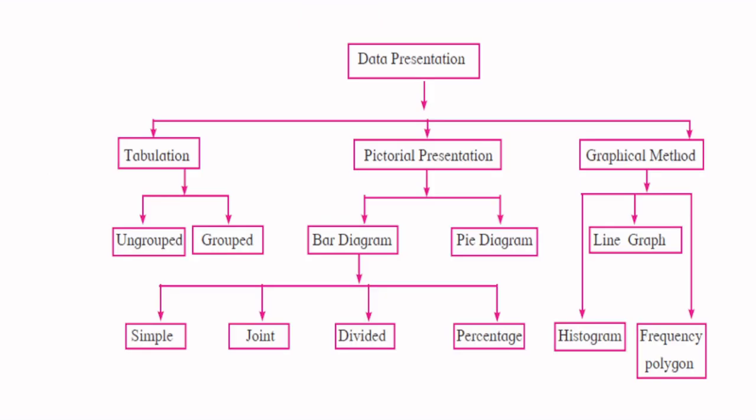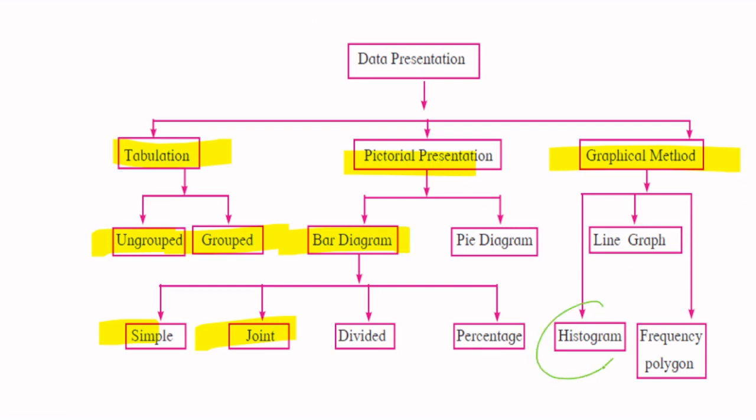Okay, there are many methods of data presentation. Data presentation can be done in tabular form, pictorial presentation, graphical method, right? We already know what is grouped and ungrouped, simple and joint. Bar diagram, we also understood. Now what are the new things we have to learn in class 10?